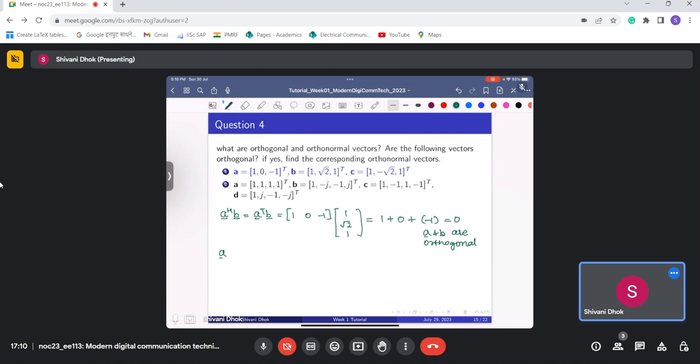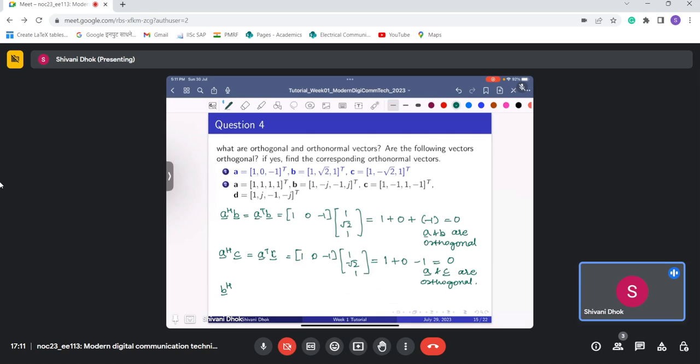Let's see if a and c are orthogonal. We have 1 0 minus 1, and the vector c is 1 minus root 2 1. So again we have 1 plus 0 minus 1, which is equal to 0. That is, a and c are orthogonal. Now let us see if b and c are orthogonal.